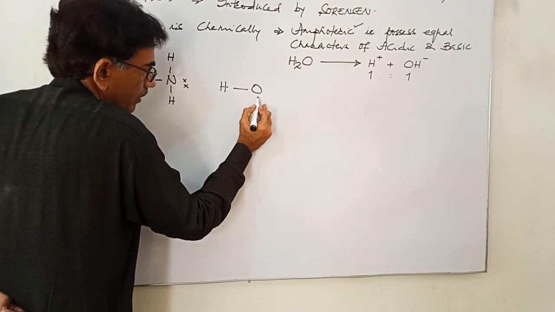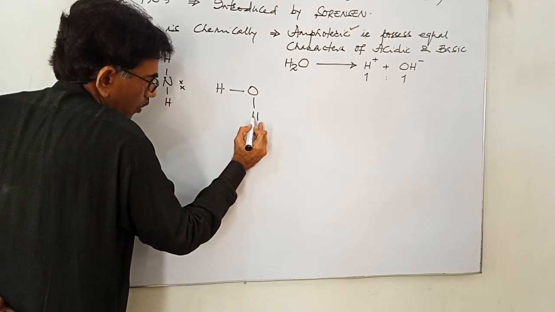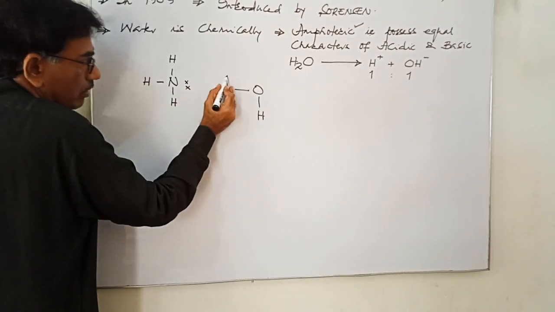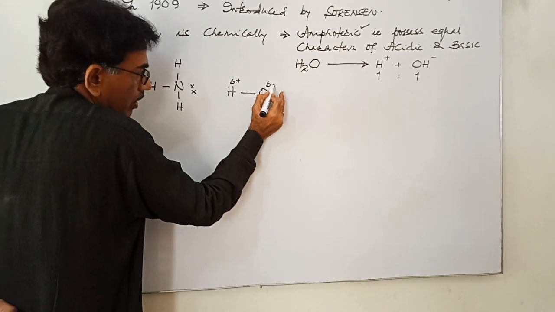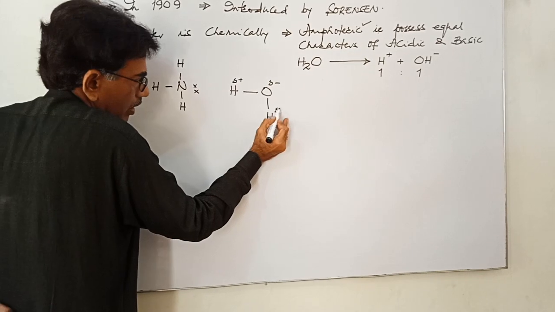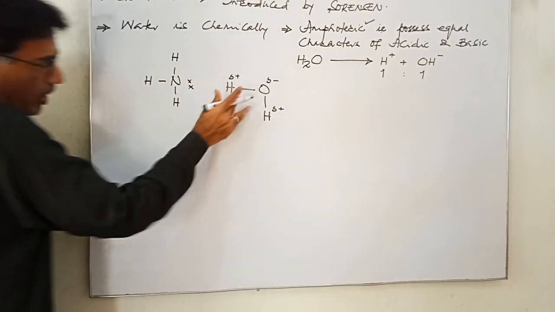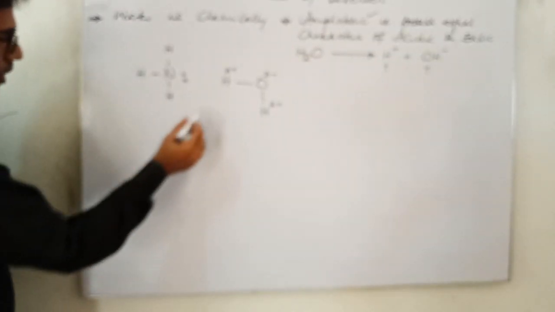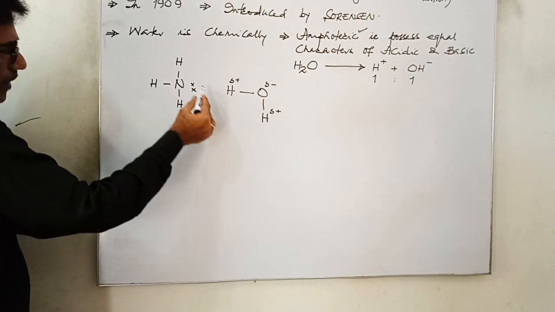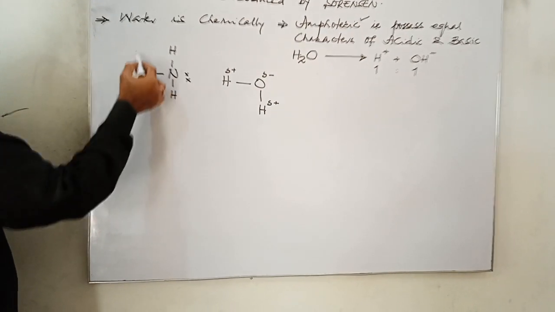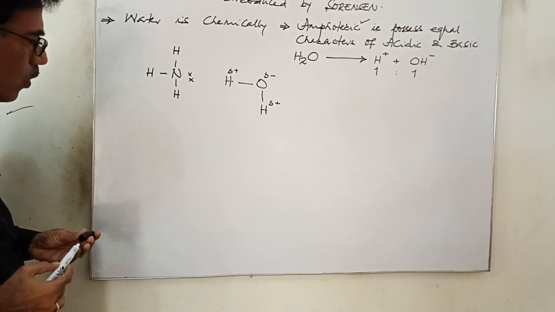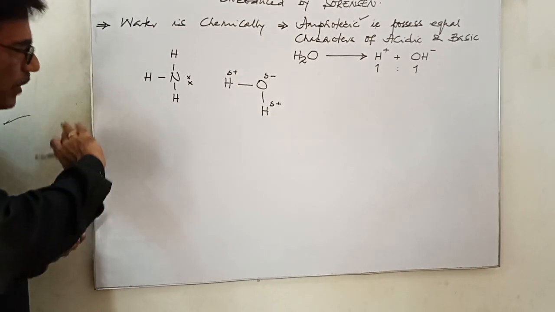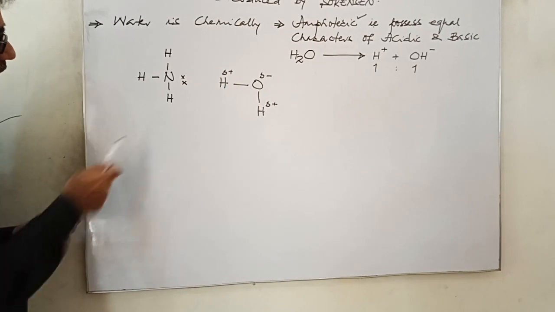So we have the structure of water, and in that we know the hydrogen and the oxygen are partial positive and negative. So when we put ammonia as one of the compounds into water, we have to follow how it behaves, how it reacts.